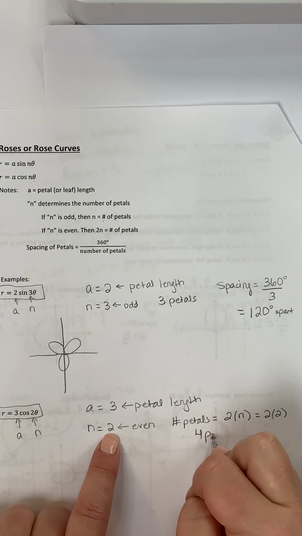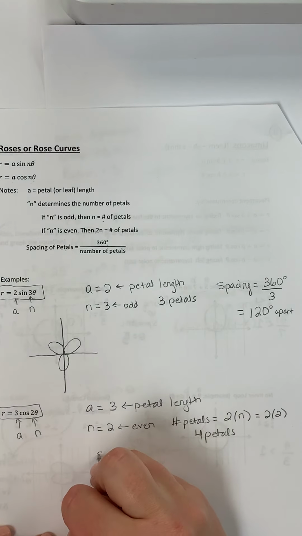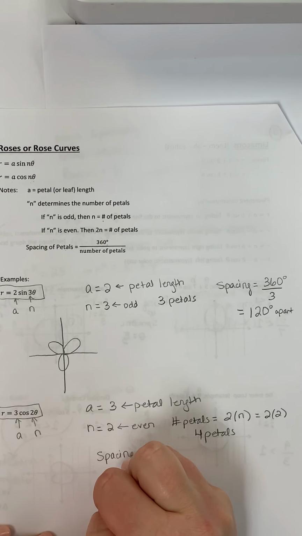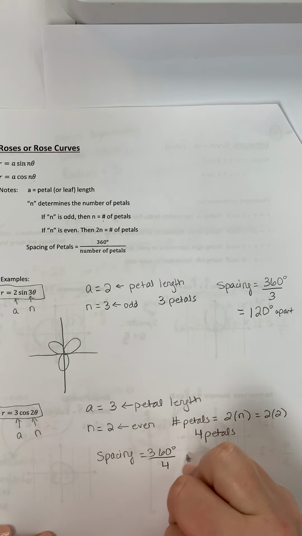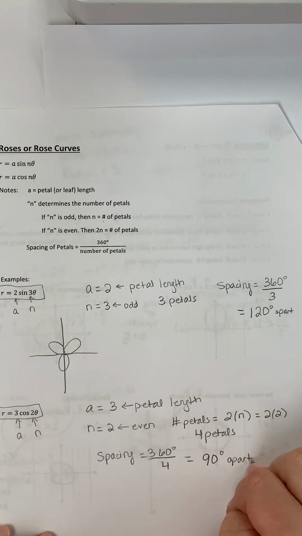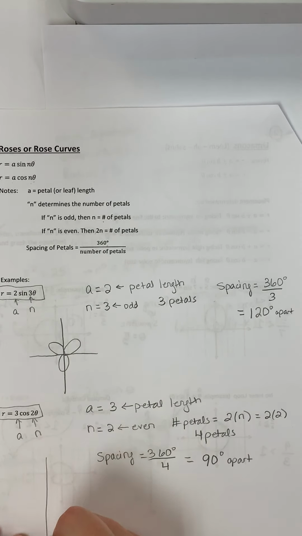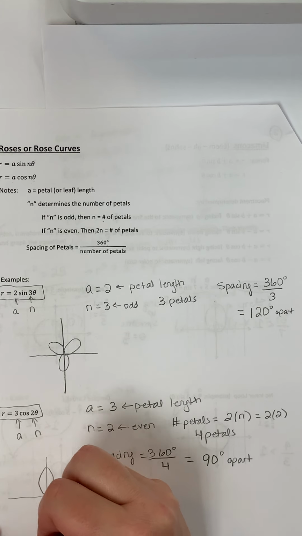So I'm going to have 4 petals in this case, okay? And for my spacing, 360 degrees divided by 4, these petals are going to be 90 degrees apart. Okay, here we go. We're looking at 4, and they're a little longer.